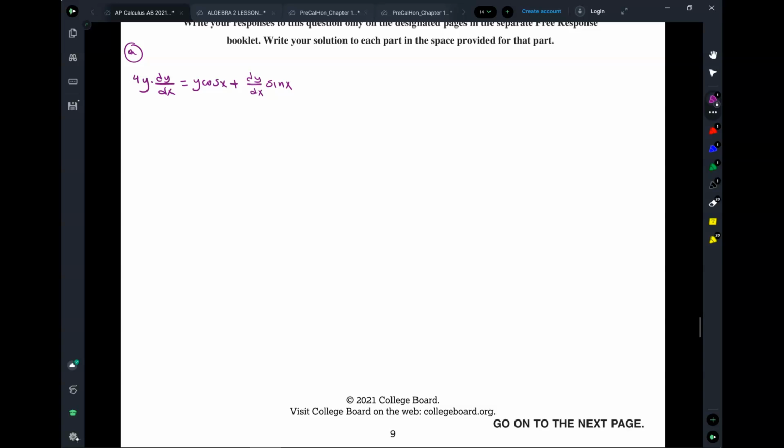Okay, now we need to solve for dy dx. So bring everything to the same side. 4y dy dx minus dy dx sine x equals y cosine x. Take out the dy dx. What do we get? 4y minus sine x.